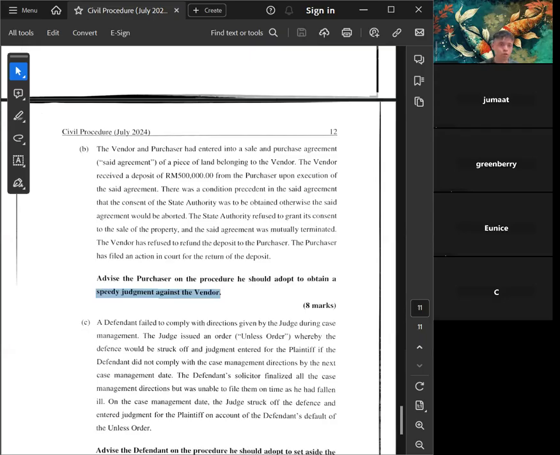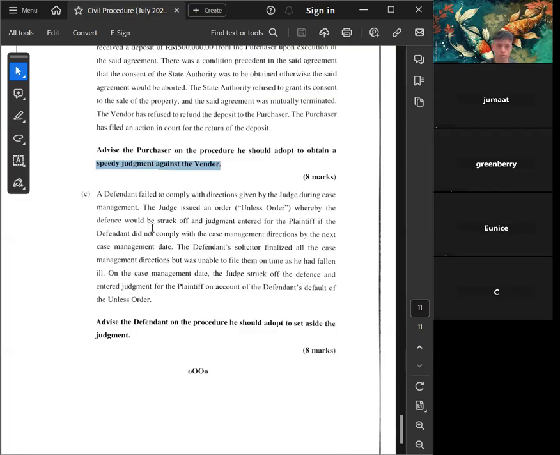Okay, now we move to the last question of tonight. A defendant failed to comply with the direction given by the judge during CM, case management. The judge issued an unless order whereby the defense would be struck off and judgment entered for the plaintiff if the defendant did not comply with the CM direction by the next case management date.